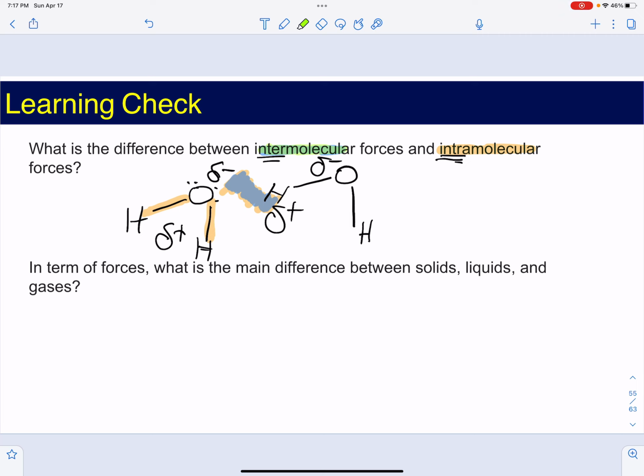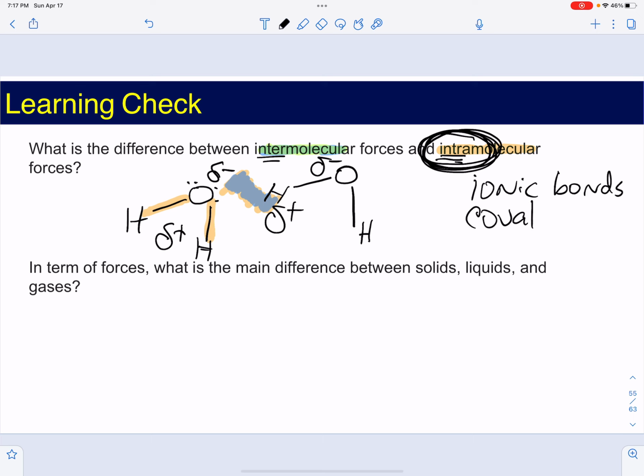So it's a pretty important distinction, because intramolecular forces are what we know as the ionic bonds or the covalent bonds.